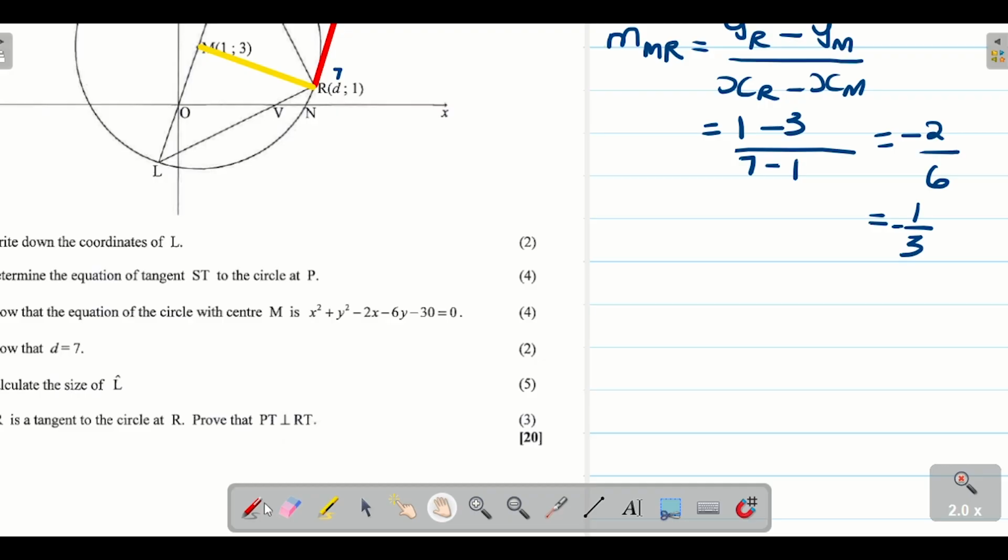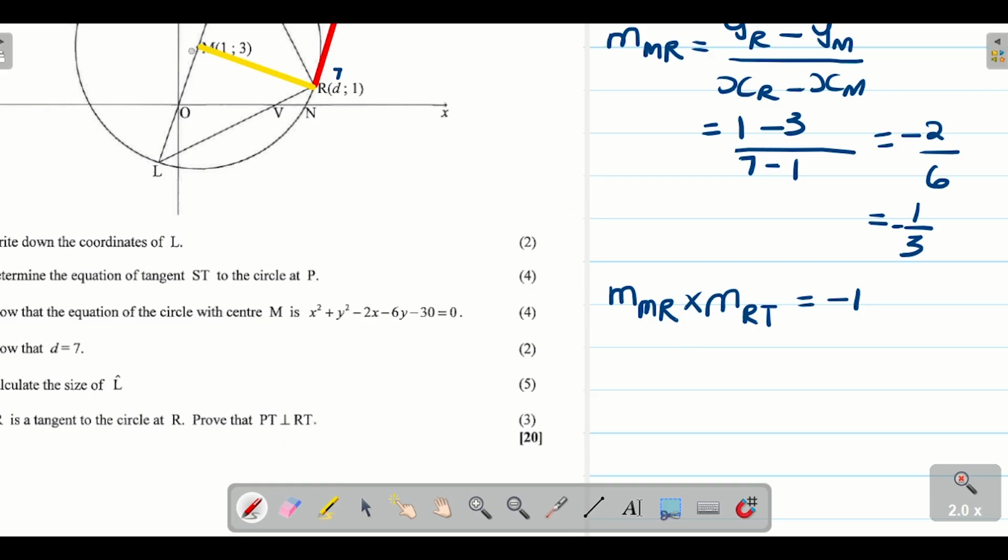What we know is that the gradient of line MR, when we multiply it with the gradient of line RT, our answer must be -1 because they are perpendicular to each other. How do we know that?